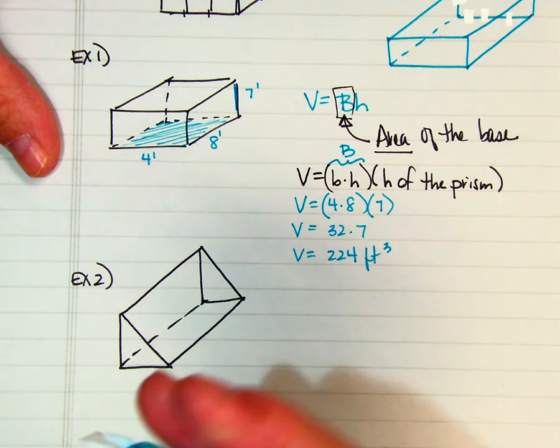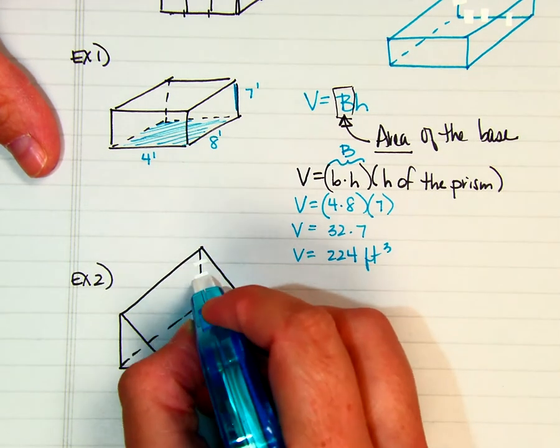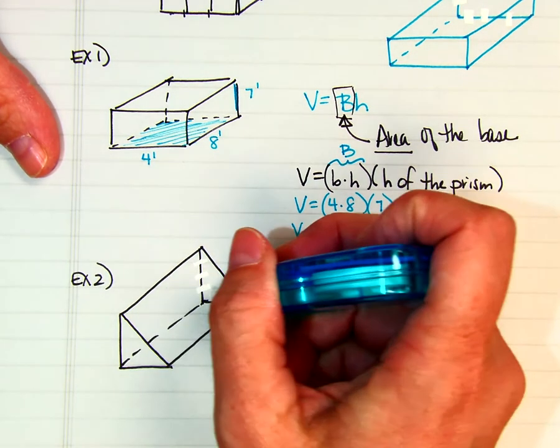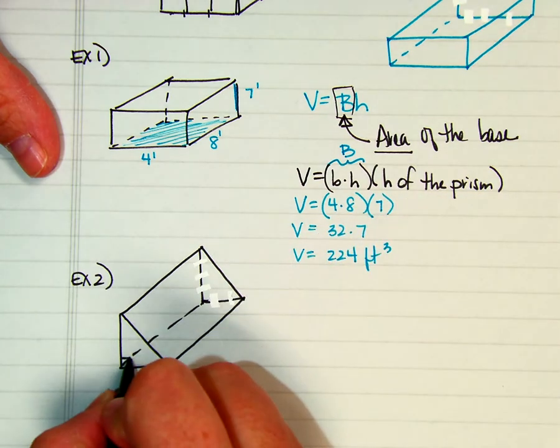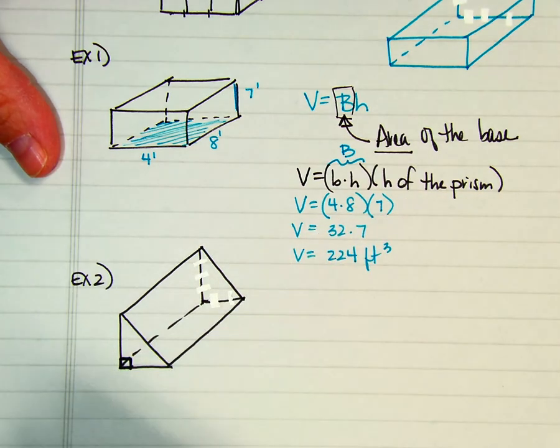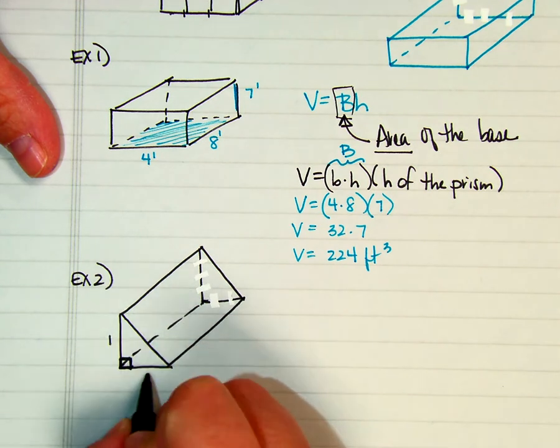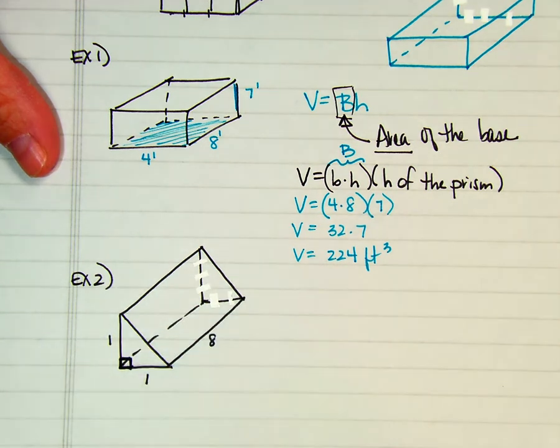So again, these should be dotted. Okay, and I'm going to put a right angle indicator in there and make that a 1 and a 1 and an 8.